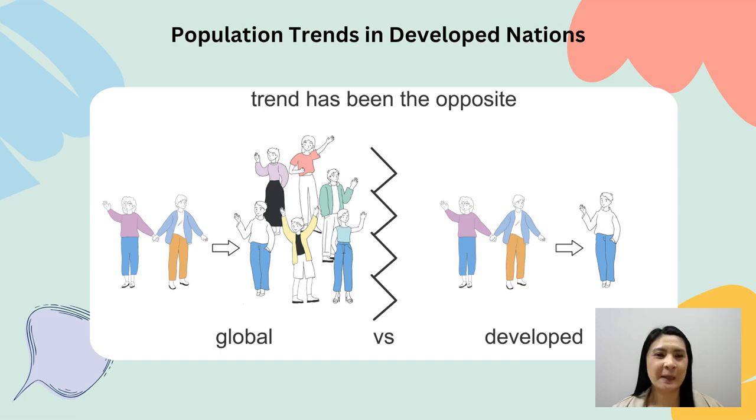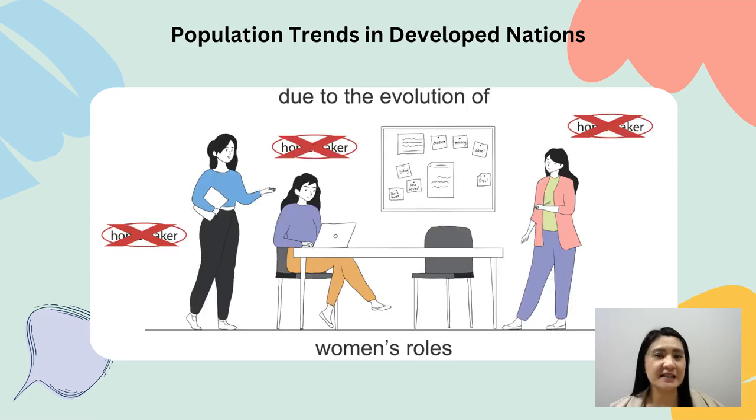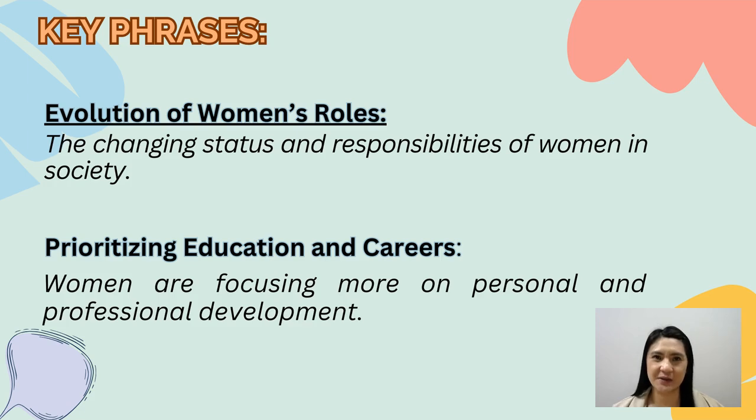Let's move. In developed nations, population trends have been quite different. Women have increasingly moved away from traditional homemaker roles over the past 50 years. Again, let's go through some of the phrases. Evolution of women's roles and prioritizing education and careers.